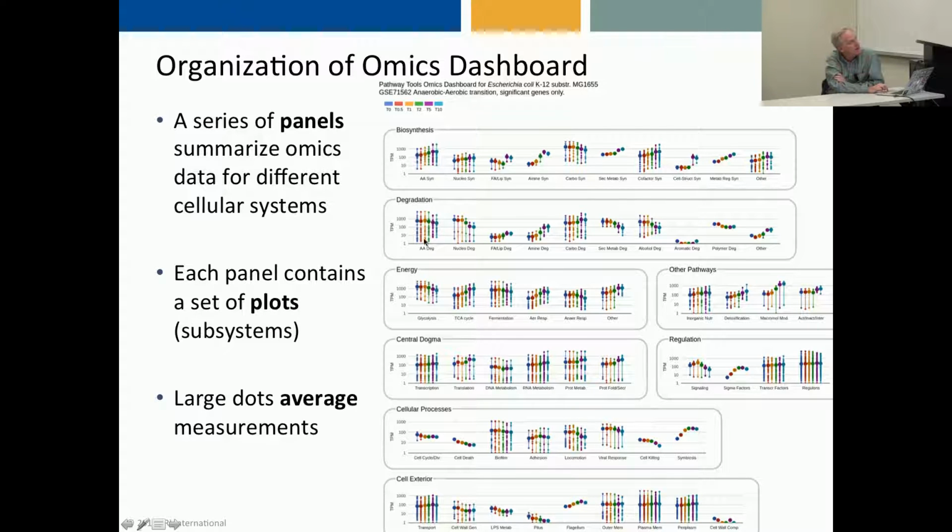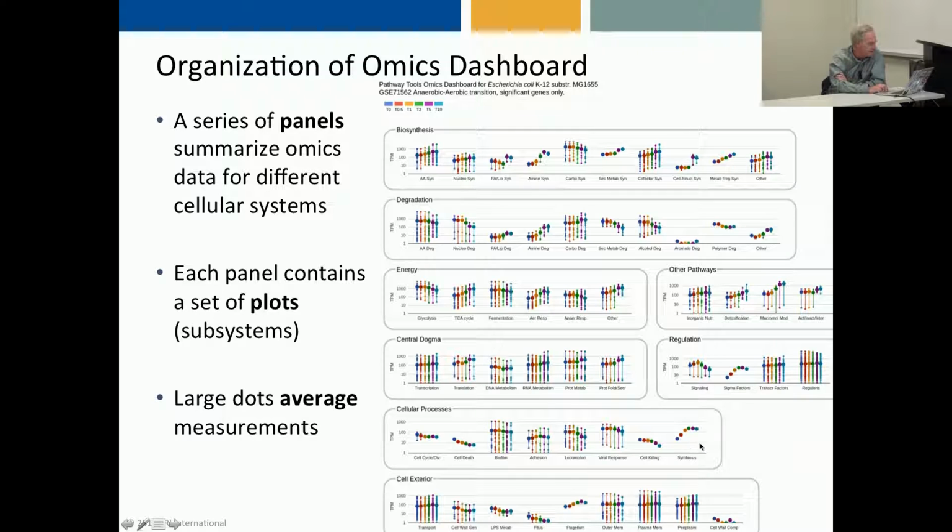So here's the basic idea. Let me start again. Each panel is depicting some major area of cell biology. So these are all the biosynthetic metabolic pathways of the cell that are being depicted in this area. These are all the degradation pathways, energy pathways.